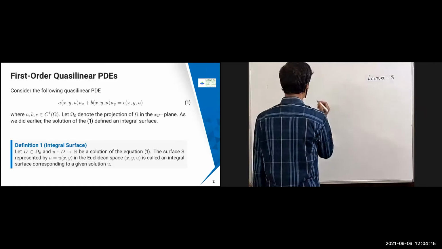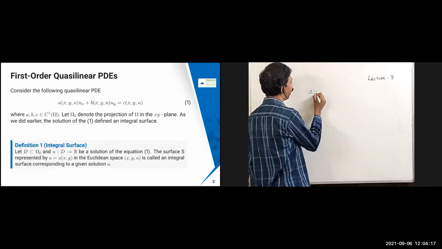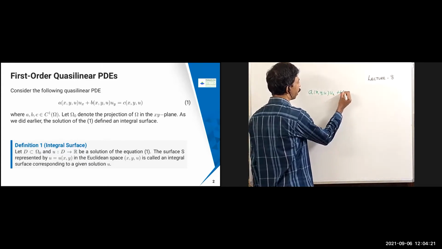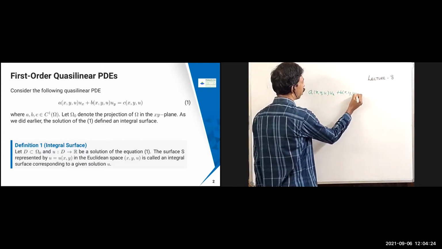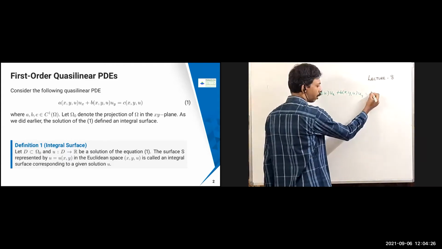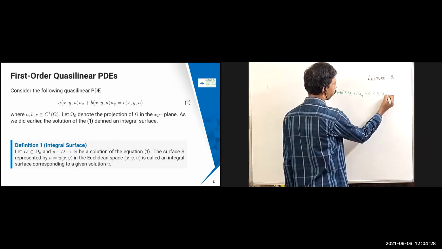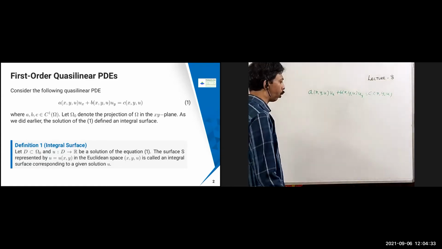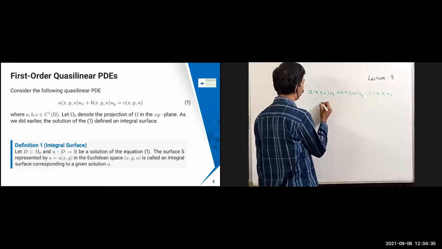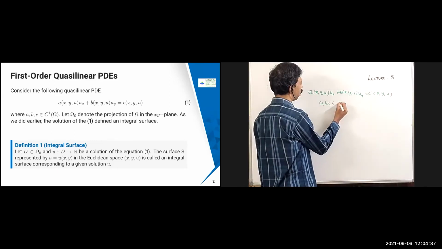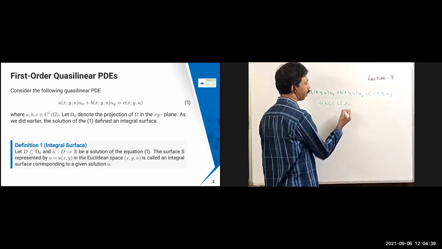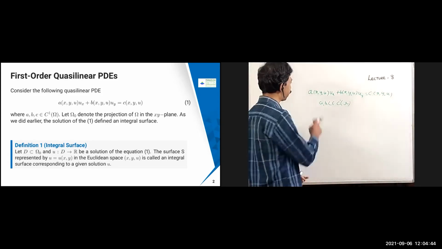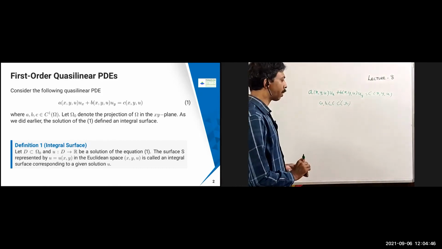In the quasi-linear PDE, we have a(x, y, u) u_x + b(x, y, u) u_y = c(x, y, u), almost similar to the linear PDE. Here a, b, c belong to C¹(Ω), where Ω is the domain of (x, y, u), meaning they are at least continuous and first-order differentiable.